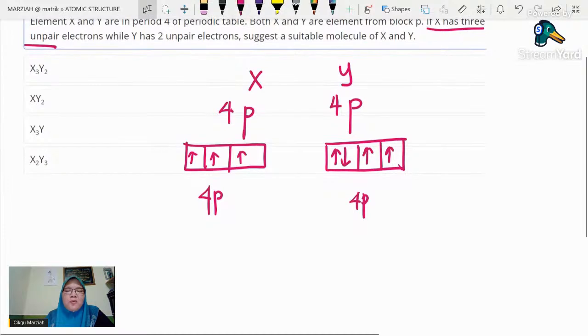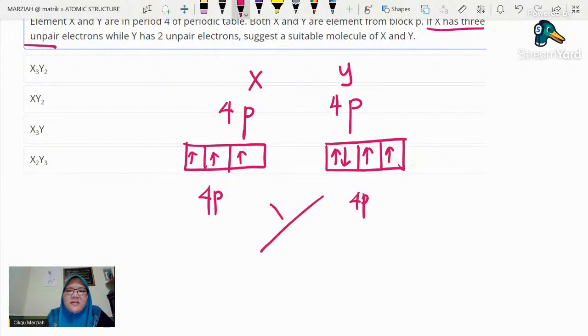Bila dia bergabung, so X boleh derma 3 dan Y. So bila kita cross, dia jadi X2, Y3. Okay, so the answer is X2, Y3.